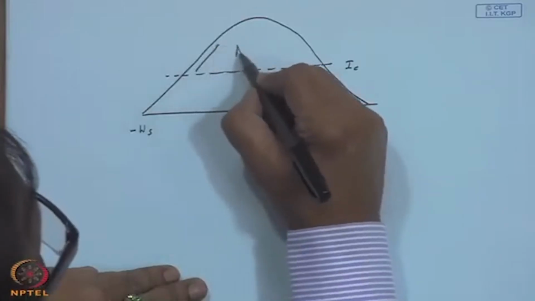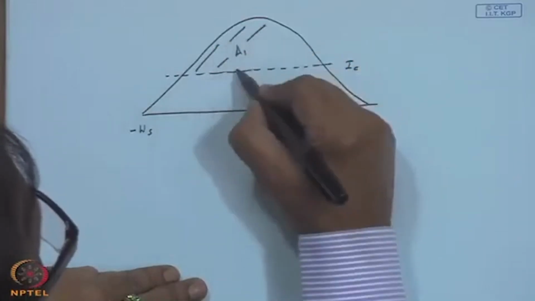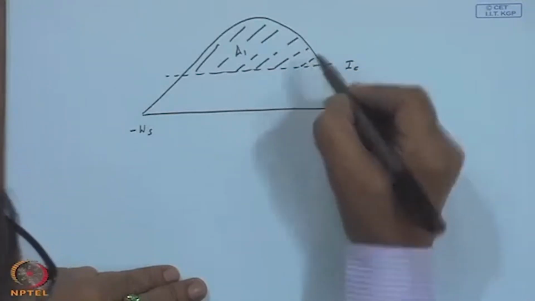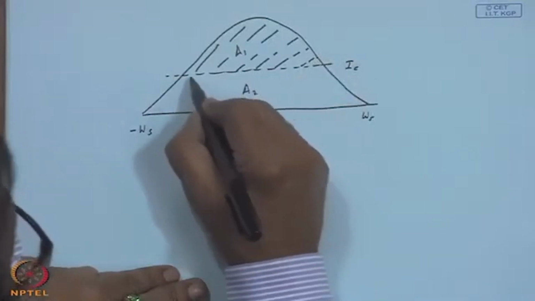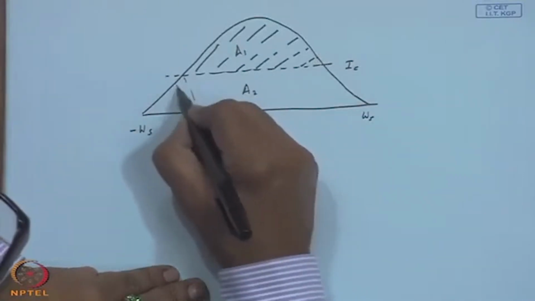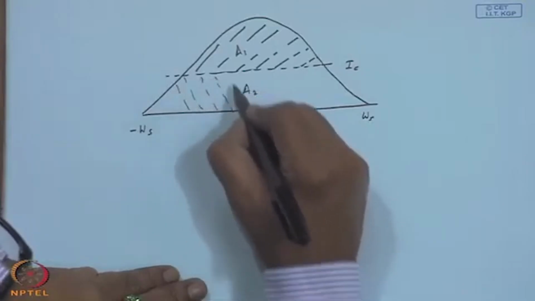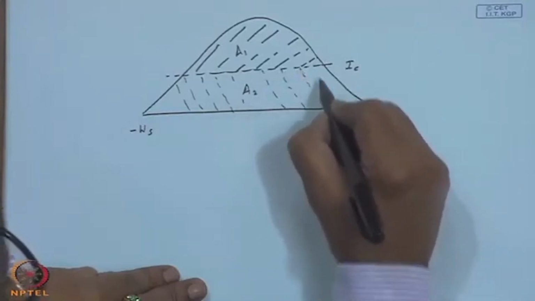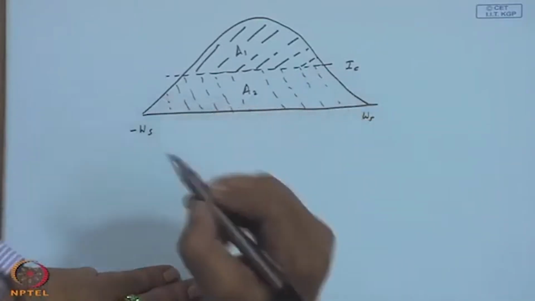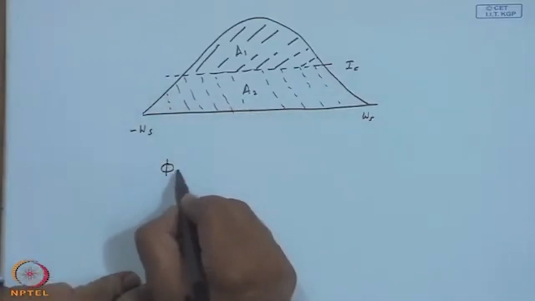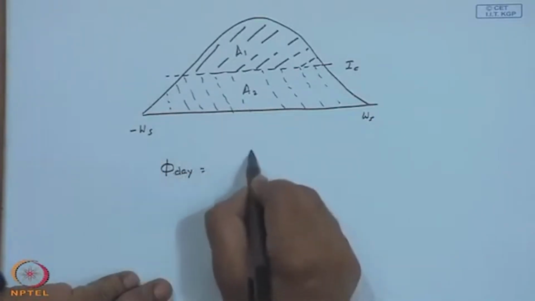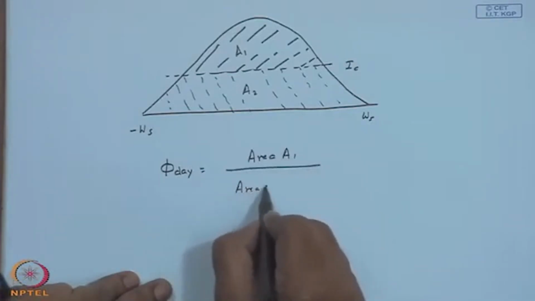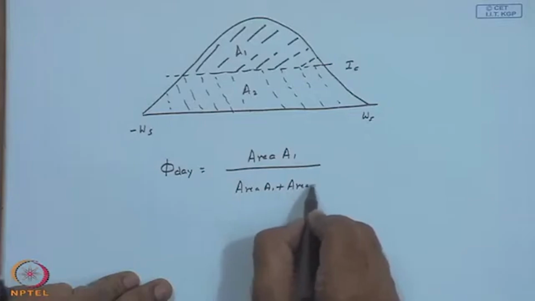Then if this is area A 1, and this is area A 2 under the line, if it is a single day, utilizability for the day will be area A 1 by area A 1 plus area A 2.